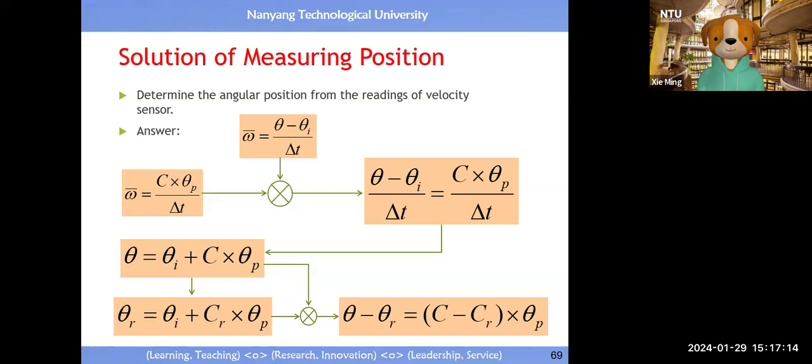This equation, for those of you who in future are going to work with robotic arms in industry, will show you why we need to do the homing. That means once you power on the robot, it starts to do some movement, and after that, it operates.